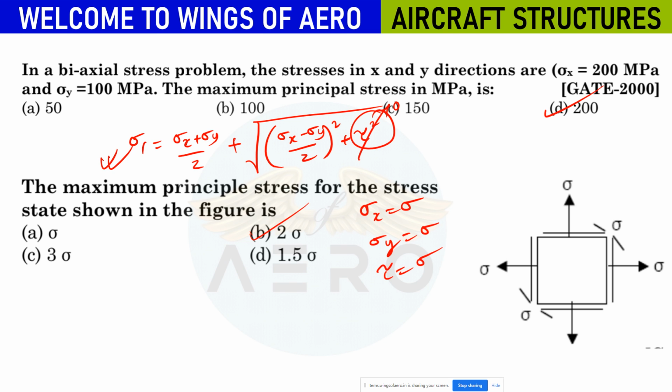One second. When you substitute over here, you will get 0, obviously. Here, when you are substituting, you will have sigma. Sigma plus sigma, you will have 2 sigma.